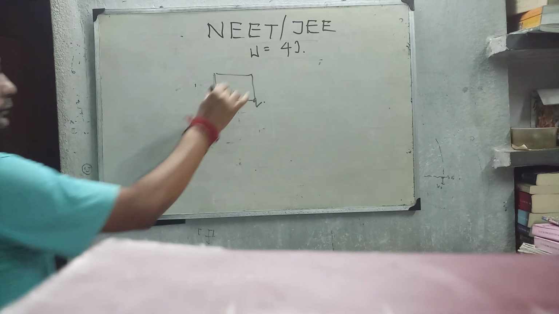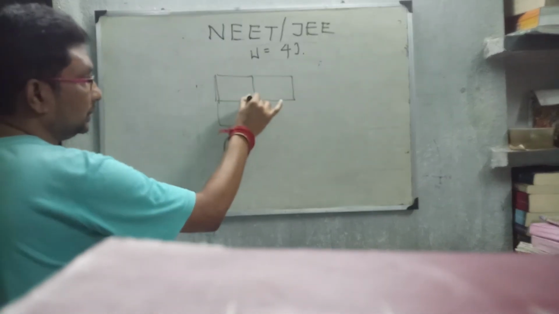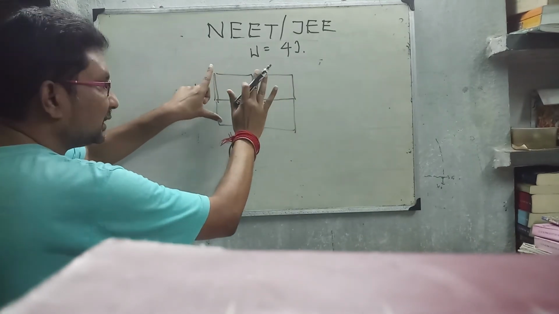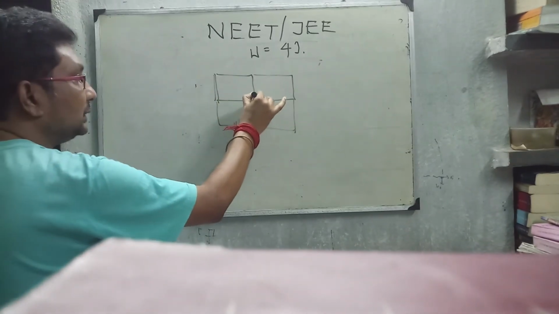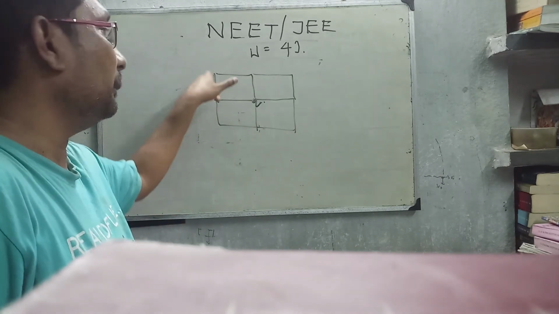If you take one more such cube, one more such cube, one more such cube, and four more such cubes above it, then you find the charge at the center of the big cube.